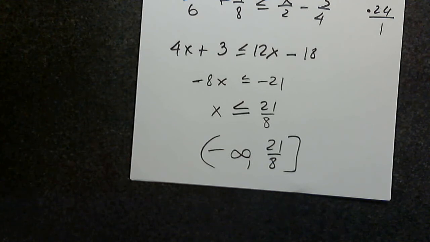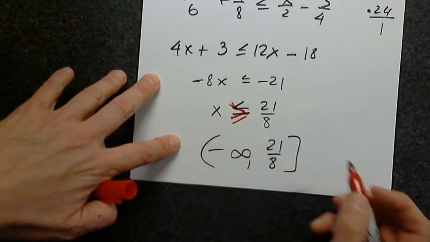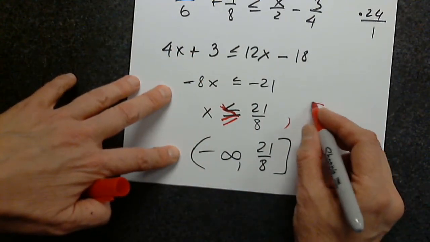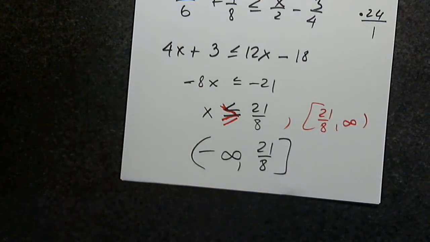So, you didn't put this one. I'm sorry? You didn't put this one. Oh, that's true. I did not. I said, I know. I don't know. I'm thinking of the next problem. You're right. Thank you for catching that. My apologies.